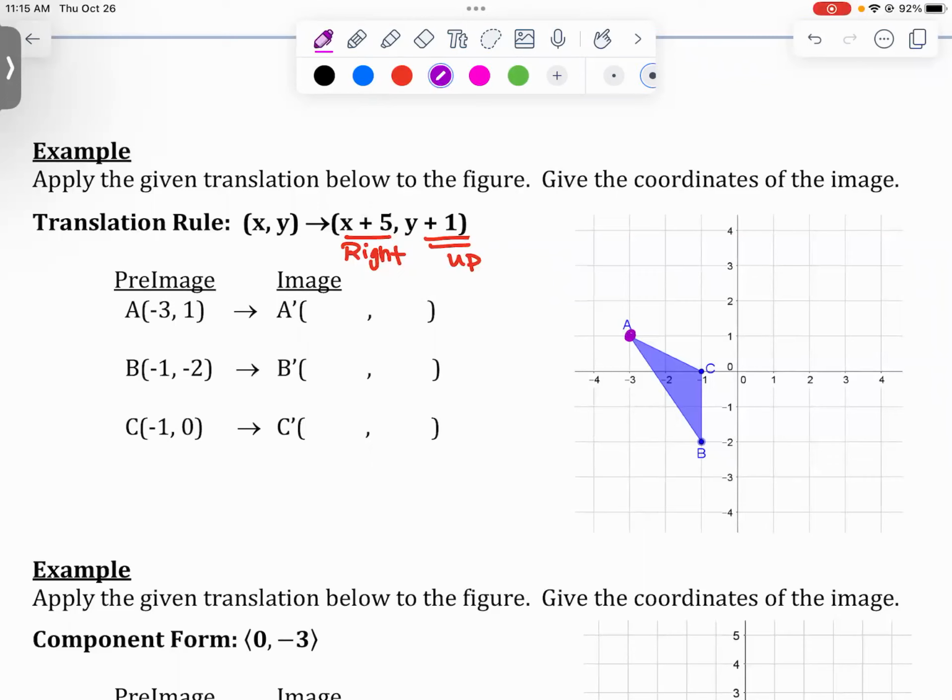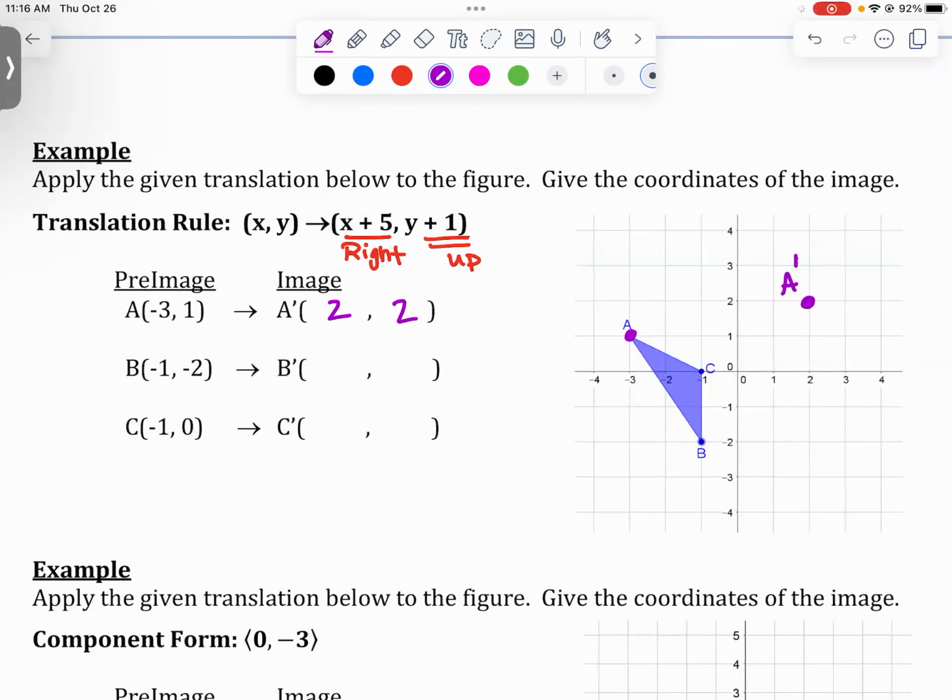So I'm going to start with A. I'm going to take A and I'm going to count 1, 2, 3, 4, 5, and then up 1. And I'm going to call this A prime. That little tick mark, it's a prime. And that's what we label our image with. If the pre-image is A, our image is now A prime. What is that coordinate? 2, 2.